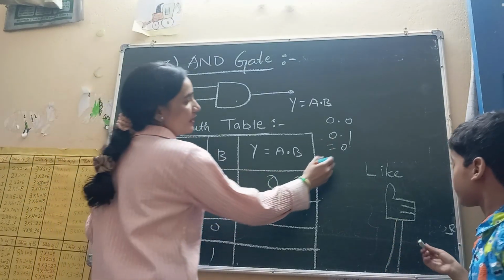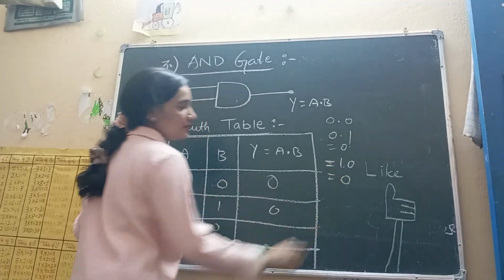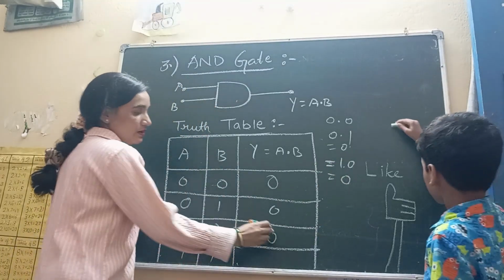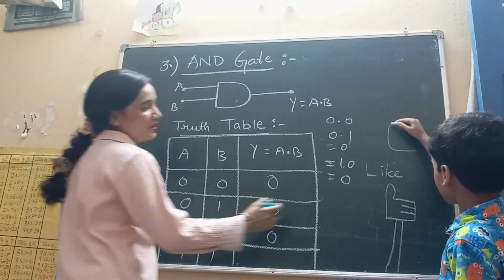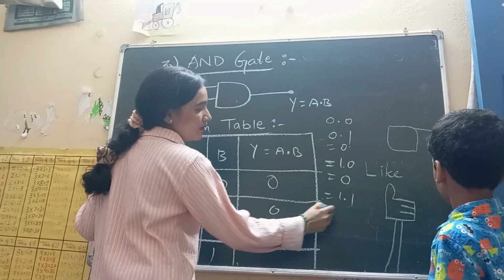When A is high and B is low, again we get the product as 0. And when A and B both are high, we get the product as 1.